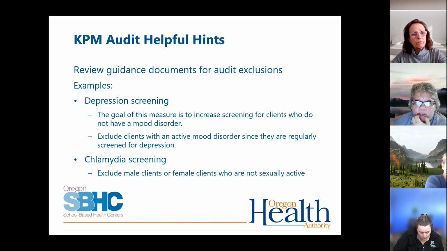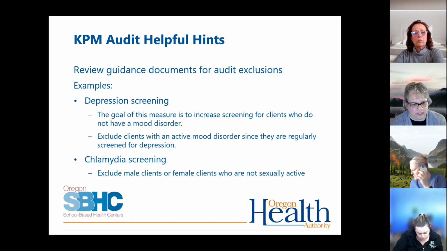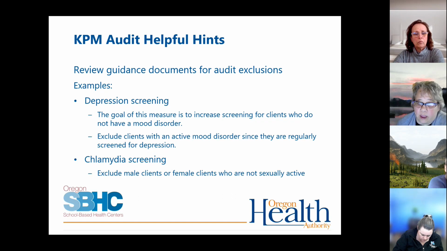Okay, so really quickly, here are two optional measures that are a little bit different for the eligible population. The depression screening. The focus of the depression screening is to increase screening for clients who do not currently have a mood disorder. Because if they currently have a mood disorder, you are regularly getting depression screenings done with them. We're really wanting sites to expand and get depression screenings on young people that don't have an active mood disorder.